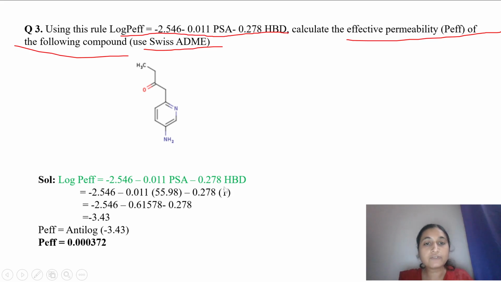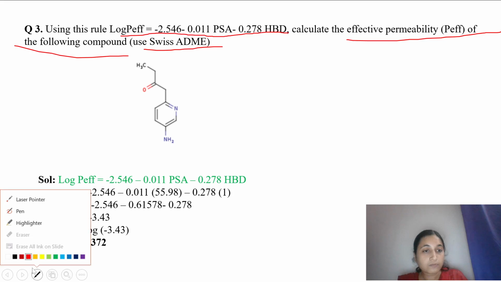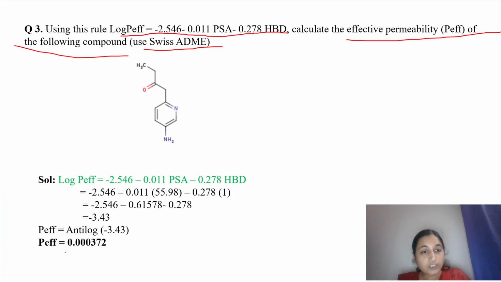So we will put these values in this formula and we will get log P effective equal to minus 3.43. So P effective equal to antilog of minus 3.43, and then P effective equal to 0.000372. So the answer will be the effective permeability of this compound will be 0.000372.